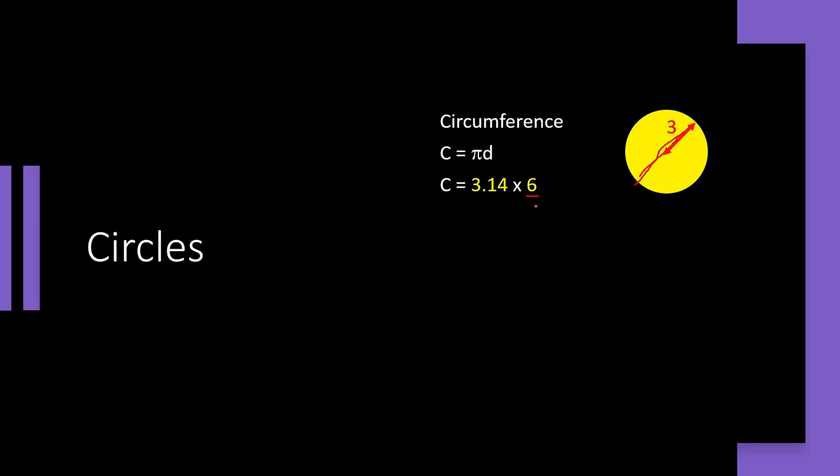So pay a lot of attention to that. This is what a lot of students miss, and that's how they get the circumference wrong. So I'm going to multiply 3.14 times 6, which is equal to 18.84, and therefore the circumference for this circle is 18.84.